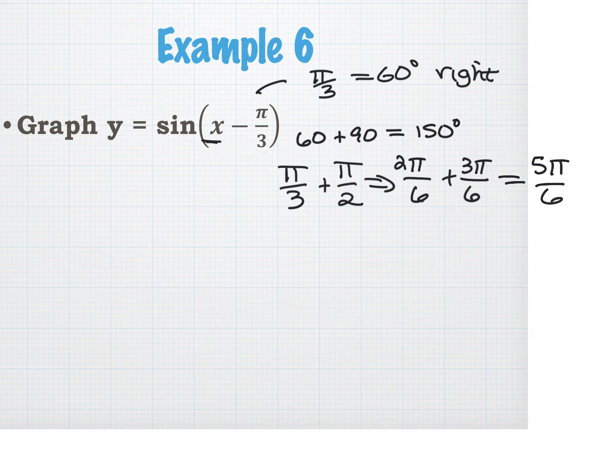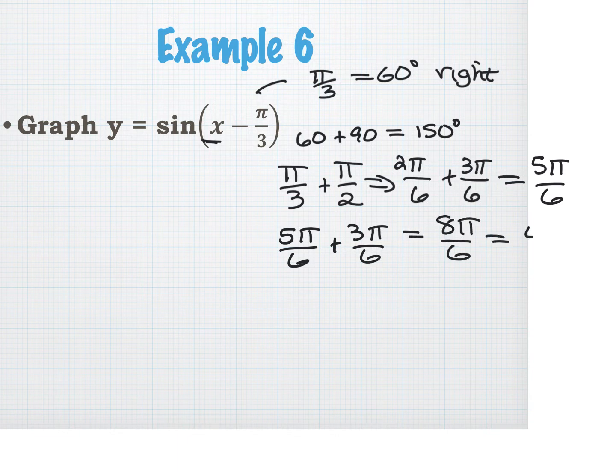I've got to add pi over 2 to this answer I just got. And remember, for pi over 2, I've already found the common denominator, so let me just put this in as 3 pi over 6. Once I add it, 8 pi over 6. It'll simplify for my label on the x-axis to 4 pi over 3. Now, when I go to get my next label on my x-axis, I'm going to use the unsimplified because I already know my common denominator.